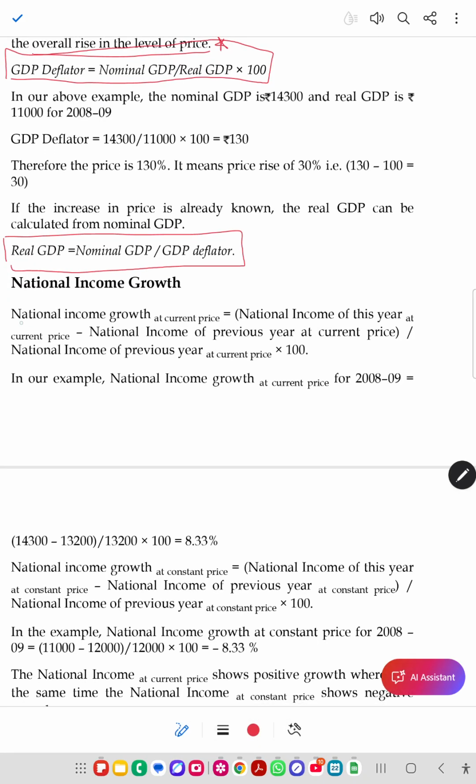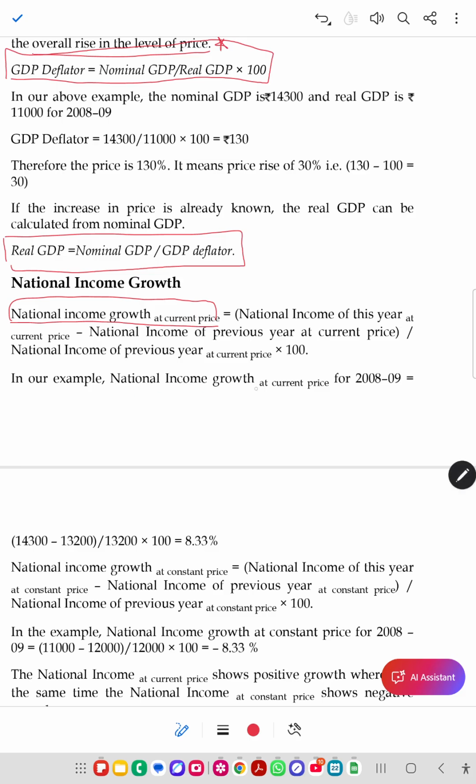National income growth. National income growth at current price is equal to national income of this year at current price minus national income of the previous year at current price, into 100.